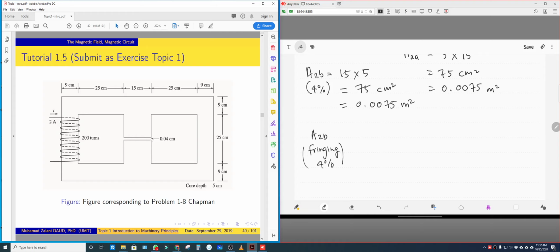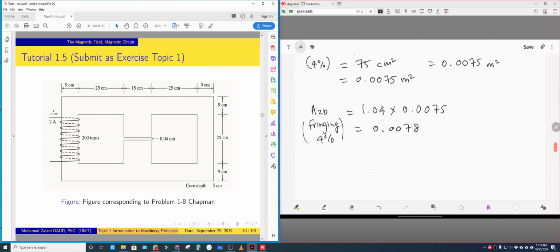Okay. So we have to add another 4% lah. 1.04 times 0.0075 is 0.0078. Okay. So kita dah ada semua tu.